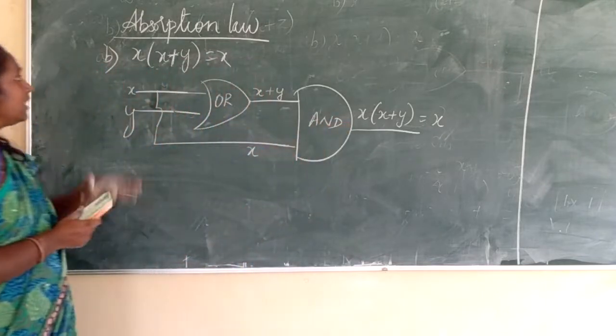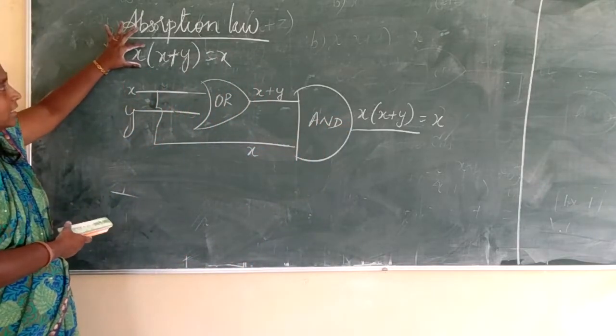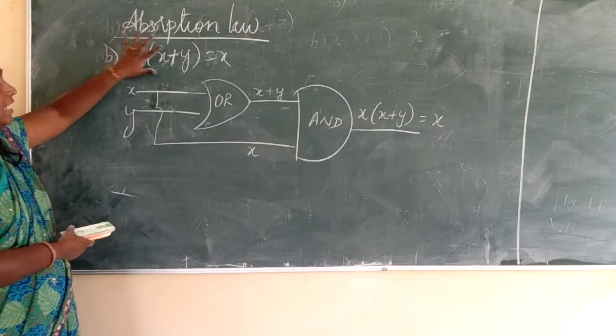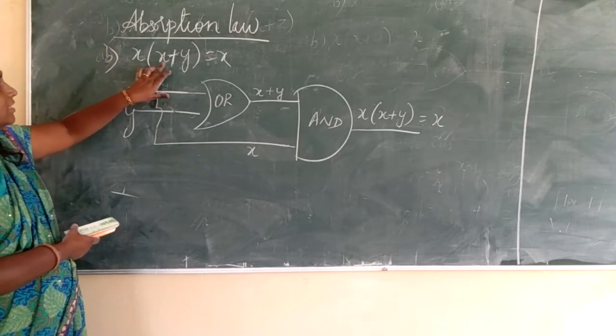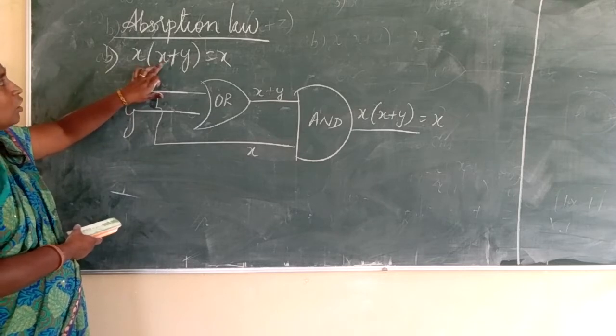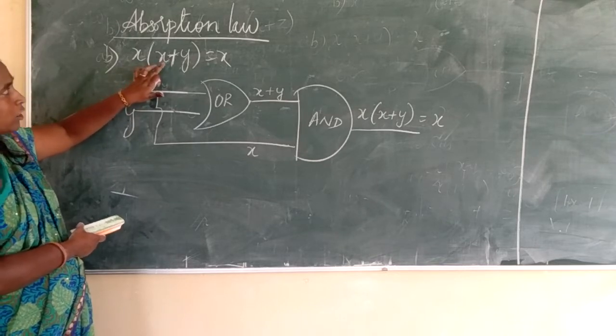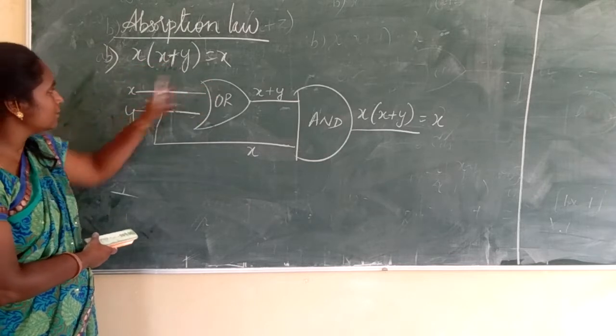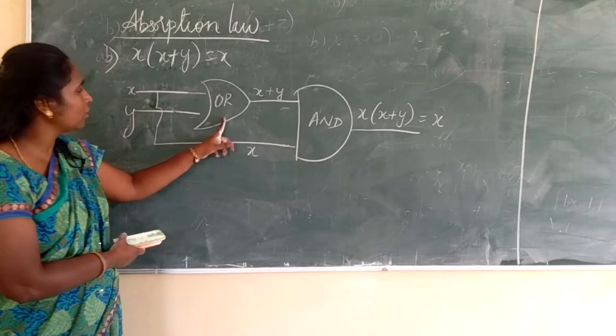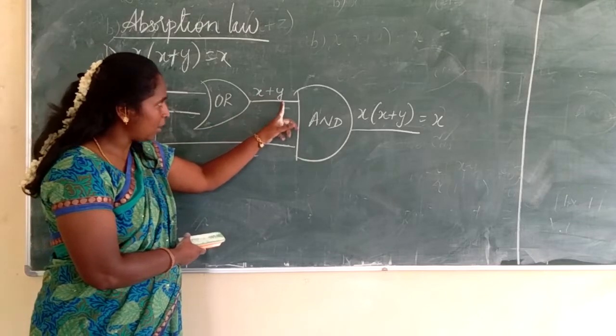Once again, I am considering only two inputs, x and y. First the logical addition should be done, for that I am using an OR gate, and the output comes out.